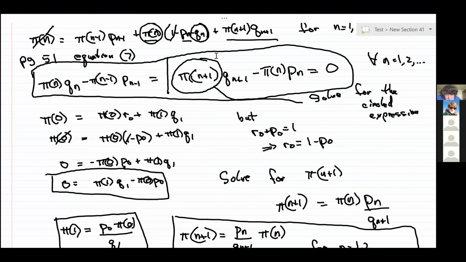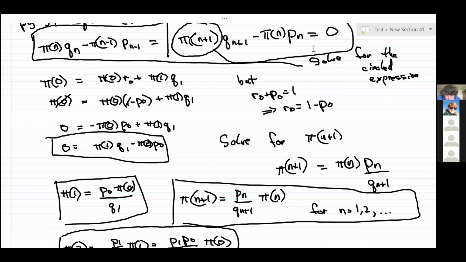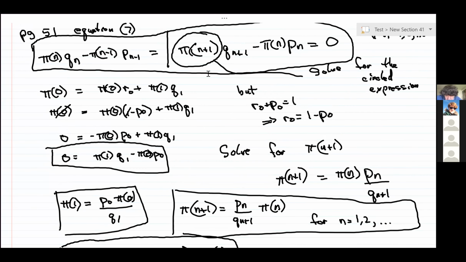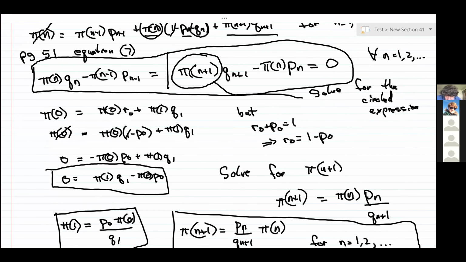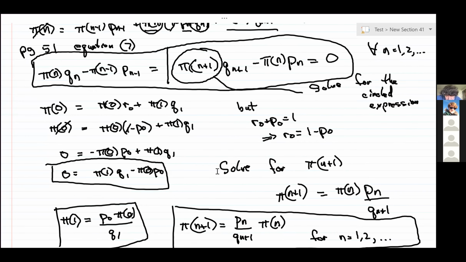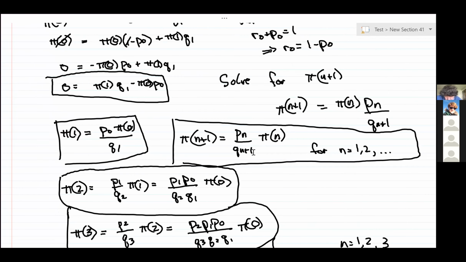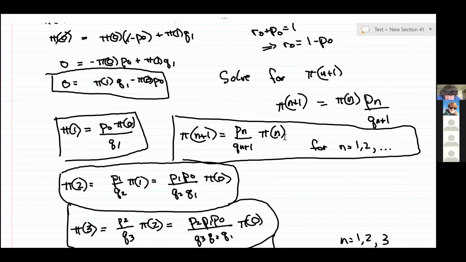So knowing that these are all 0 allows you to take the general case, which is, say, this one, set it equal to 0 and solve for pi n plus 1. That's what we did here. And that gave you the cool answer that pi n plus 1 is some constant times pi n. And that holds for n equal 1, 2, all the way out.